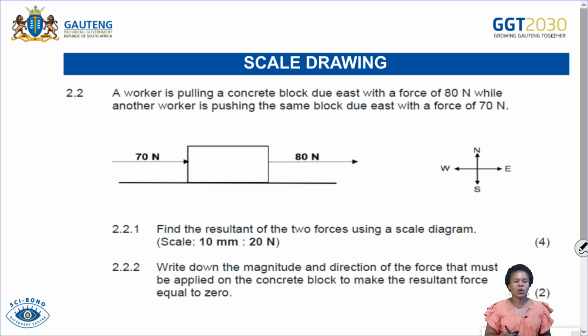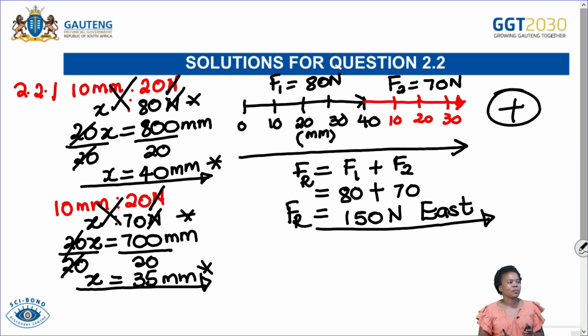Okay, so let's go and see what should be the magnitude and the direction of the force that must be applied to the concrete so that we make a resultant of equal to 0. So you already have a resultant that is moving in the easterly direction. Okay, so the block is just moving in the easterly direction.